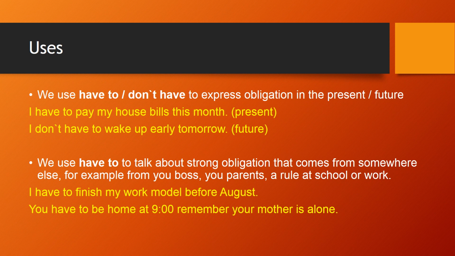Where is the obligation? That if I don't pay the bills, I won't have services. I won't have electricity, I won't have gas, I won't have cable TV. That's why it is my obligation to pay.